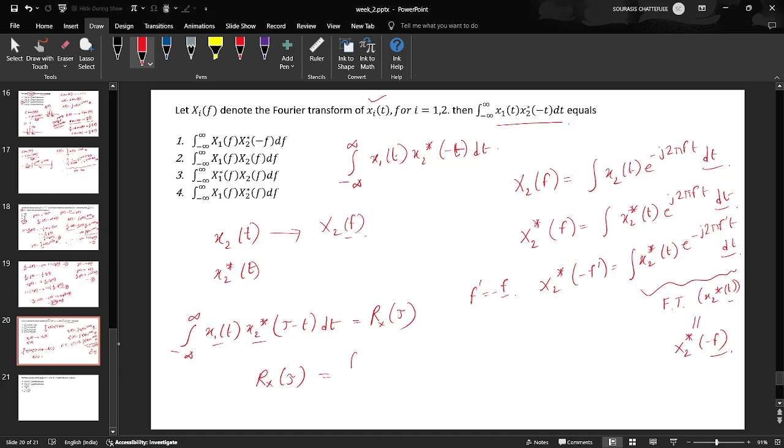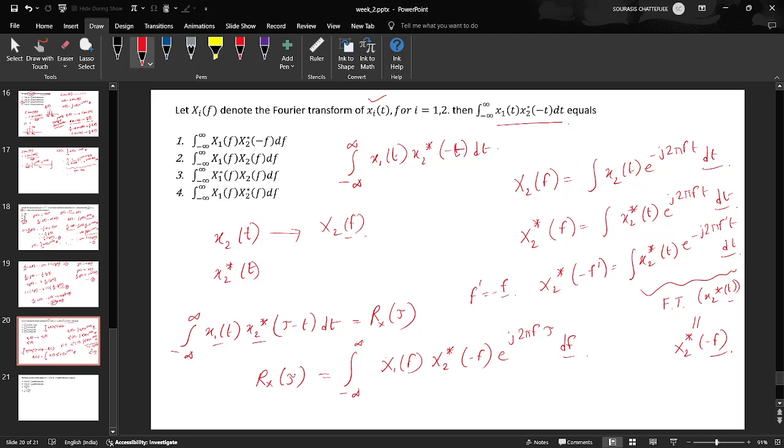If I need to write it in terms of the frequency spectra, it's going to be the integral from minus infinity to infinity of X1(f), the Fourier transform of x1, times X2 star(minus f), the Fourier transform of x2 star, times e to the power j 2 pi f tau df. So basically these two are equal.